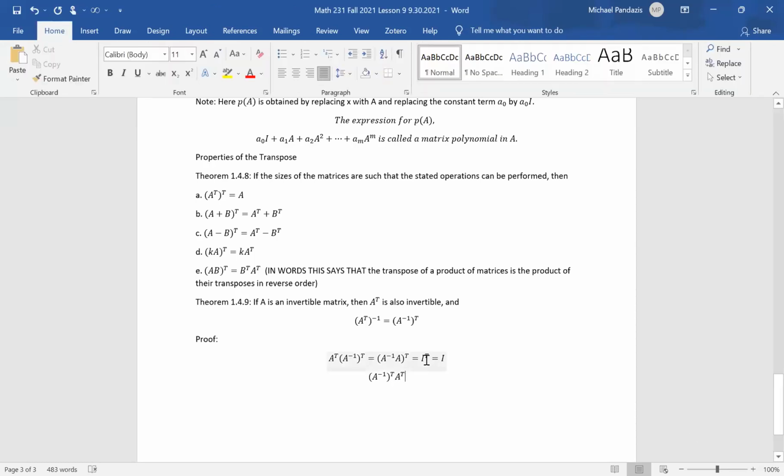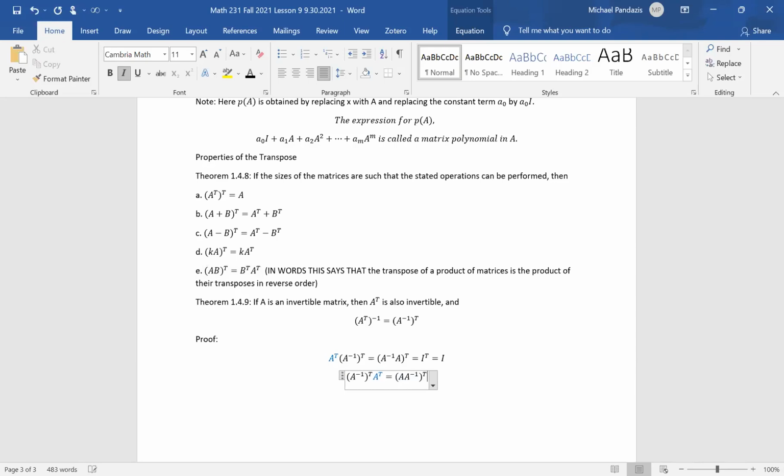So originally we had A transpose and we multiplied it on the right by A inverse transpose and we got I. Now if we take A transpose again and we multiply on the left by A inverse transpose, then what we get is, well, this is a product of transposes, right? When we have a product of transposes, we can think of it as the transpose of a product of matrices before we reverse the order. So before we reverse the order, you can think of that as A times A inverse.